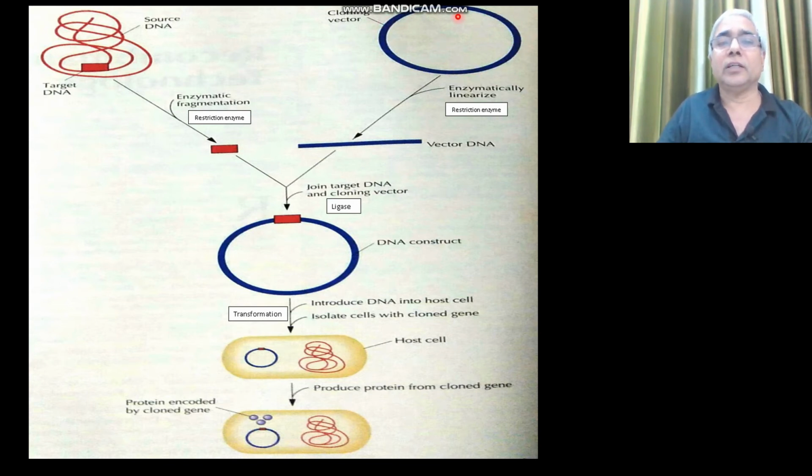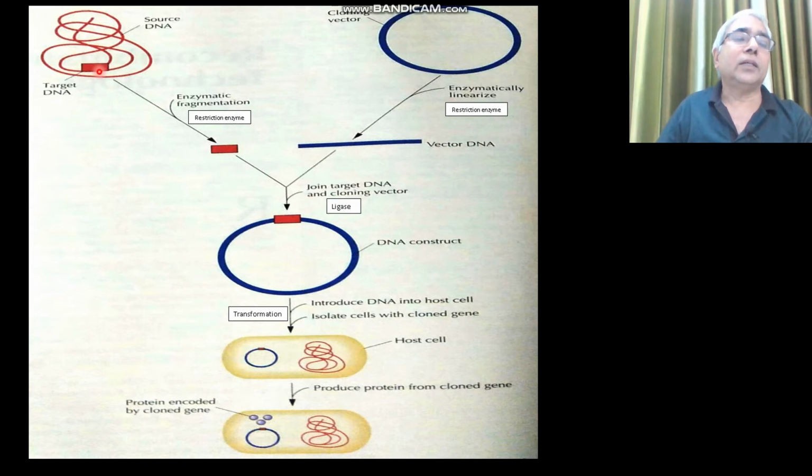Generally, the vector DNA is the plasmid molecule which is present in prokaryotic organisms like bacteria. Now, this plasmid molecule is linearized by cleaving it with the help of a restriction enzyme. The circular plasmid is now here, you can see that it has become a linear molecule. This is in fact the vector DNA, functions as vector DNA.